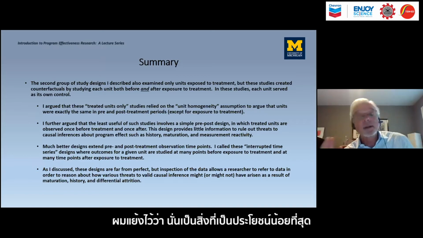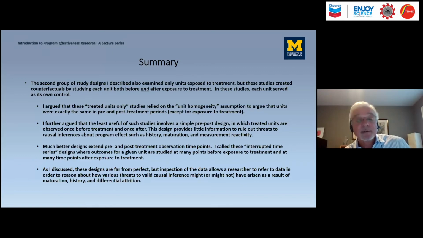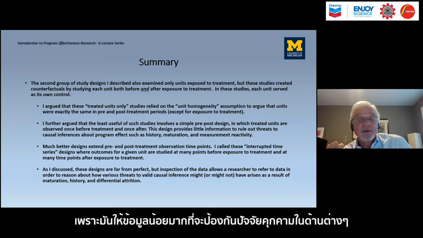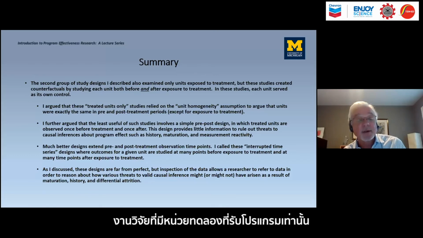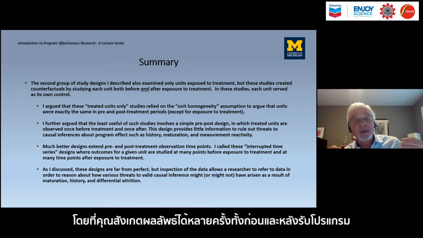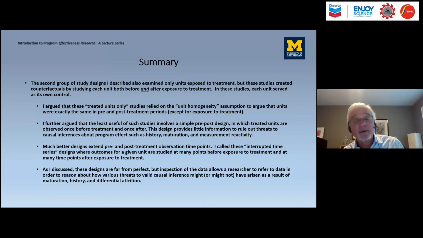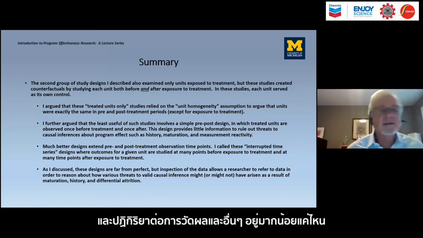I argued that the least useful of these pre-post is the simple pre-post design, because it provides little information to rule out threats such as history and maturation and measurement reactivity. It's much better in treated only studies to do interrupted time series designs where you observe the outcome many times before and many times after, because that helps you examine the extent to which maturation and measurement reactivity and so on are going on.